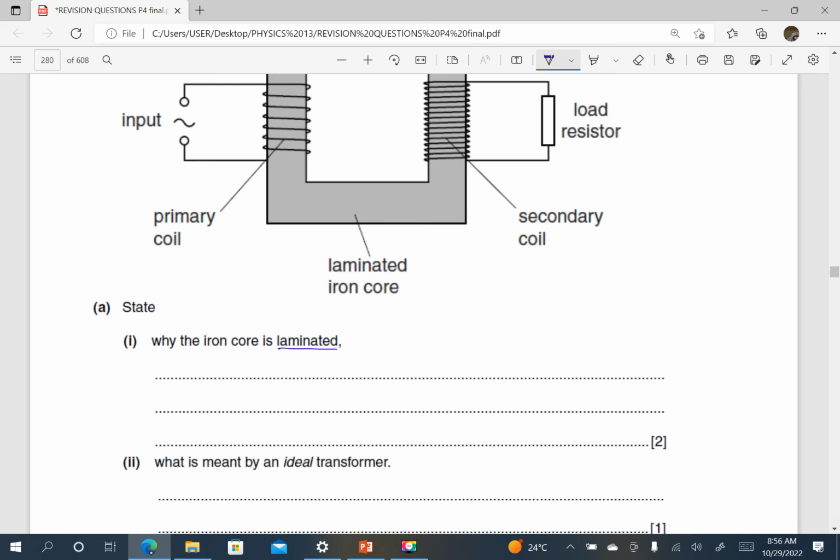So it minimizes the eddy currents from growing. So, to reduce energy loss or power loss in the core due to eddy currents.